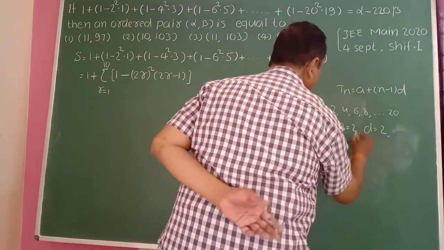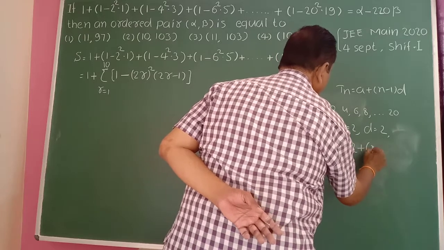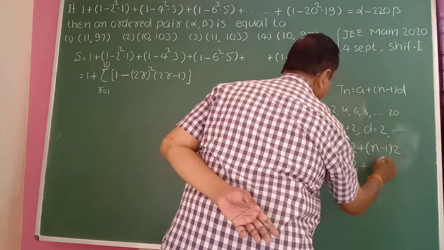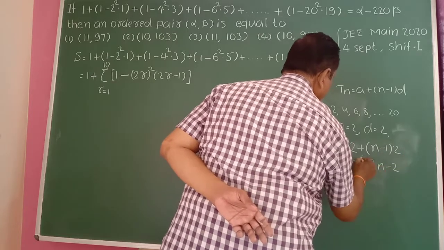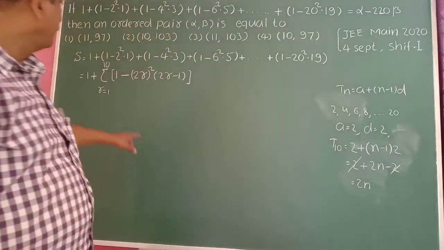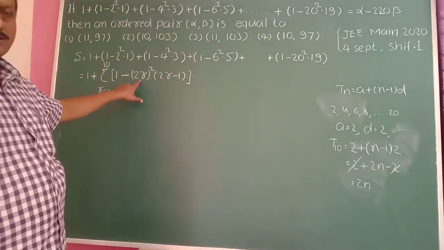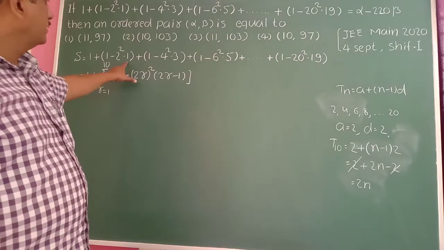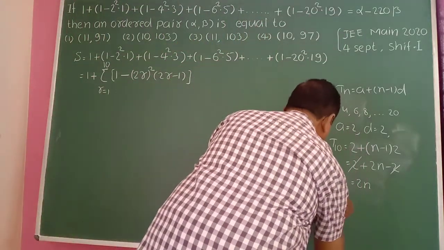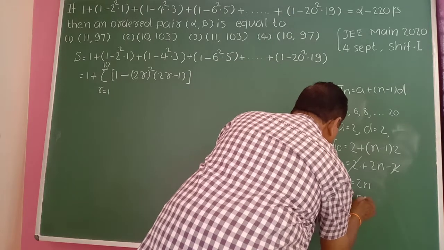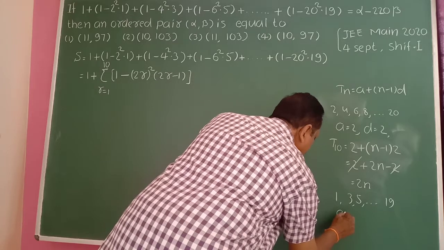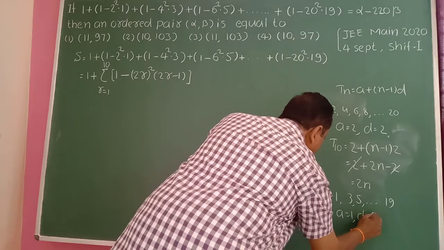Therefore we can take a value 2, then plus (n minus 1) into d value 2. So 2 plus n into 2 becomes 2n minus 2 plus 2; minus 2 and plus 2 cancel. Remaining is 2n. Here we are taking r, so it becomes 2r. Similarly 1, 3, 5 up to 19. In this case a value is 1 and d value is 2.